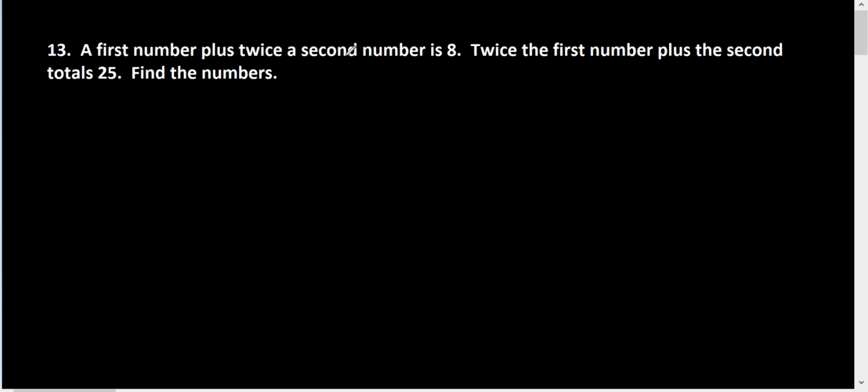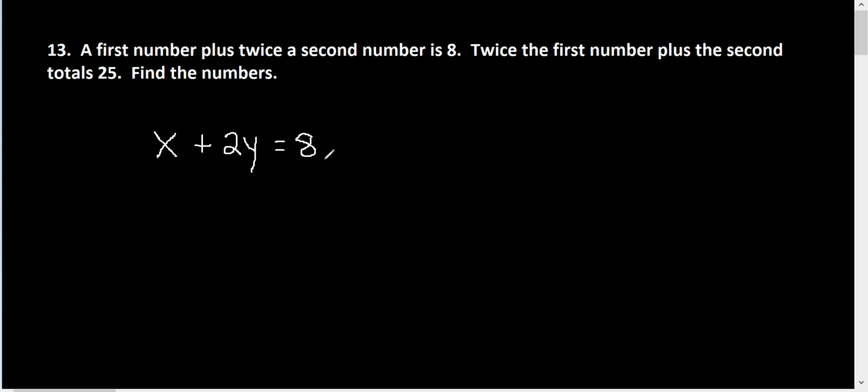A first number plus twice a second number is 8. We could call the first number x, and let's call the second number y. So x plus 2y equals 8.